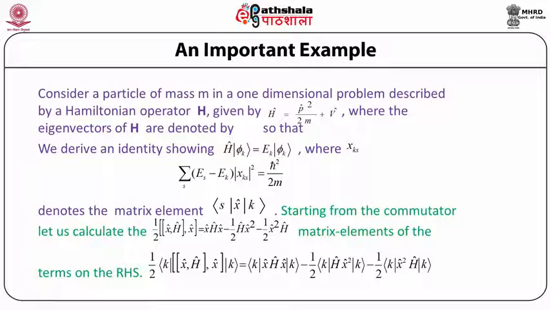The eigenvectors of the Hamiltonian operator H are denoted by ket phi k, so that H acting on ket phi k is equal to Ek times ket phi k, where Ek is the total energy eigenvalue corresponding to the Hamiltonian operator.